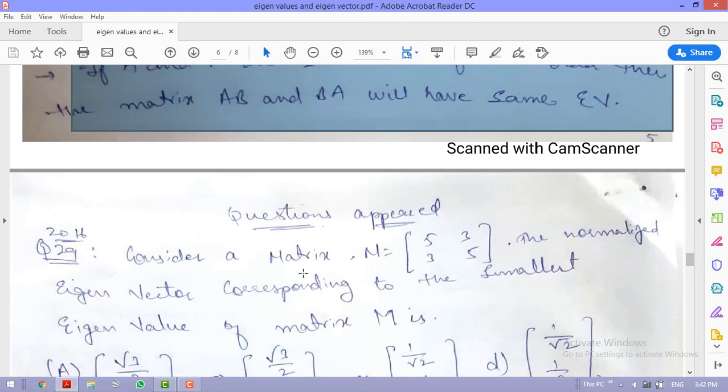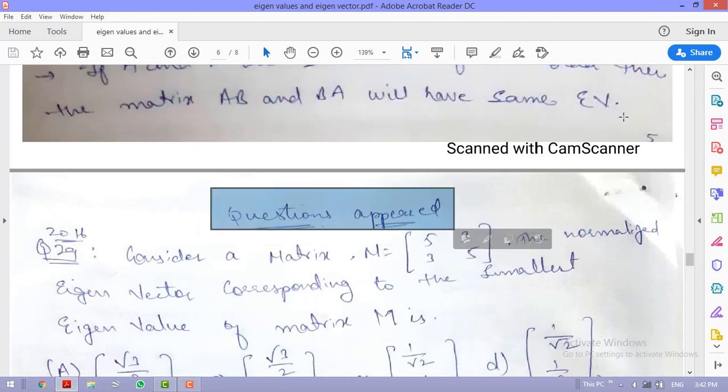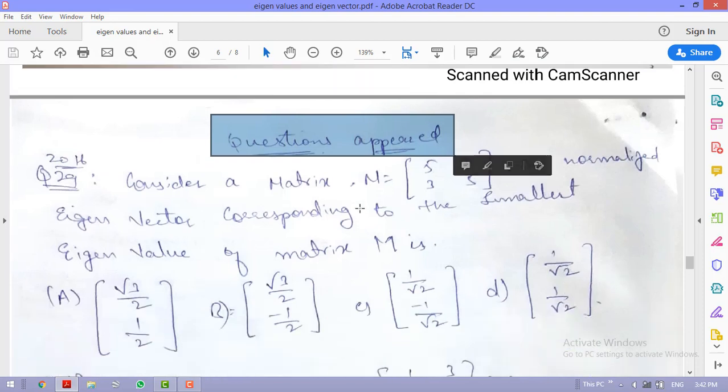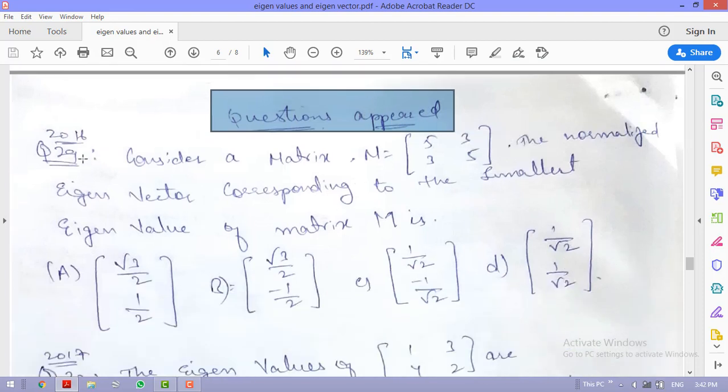Okay, right. Now up to this explanation, let us see how many questions have appeared in the GATE exam. In 2016, question number 29 is: consider a matrix M equal to 5, 3, 3, 5, and normalize the eigenvector corresponding to the smallest eigenvalue of matrix M. I hope you remember that just 2 minutes before I told you about normalizing an eigenvector.